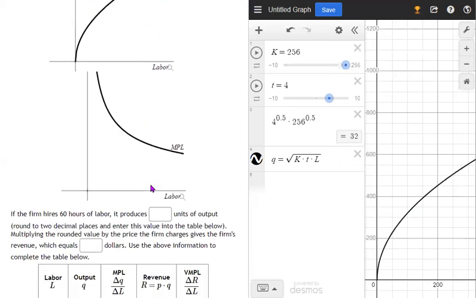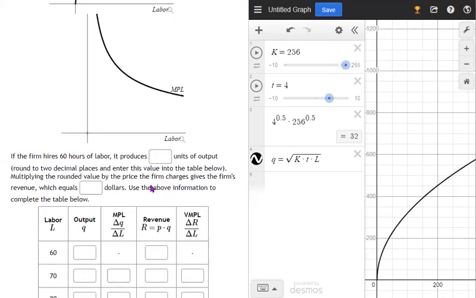Now, the next thing I want to do is calculate different values of output based on different values of labor. In order to do these calculations, I'm going to get rid of this row 3, by the way. Again, the square root of K times T is 32.